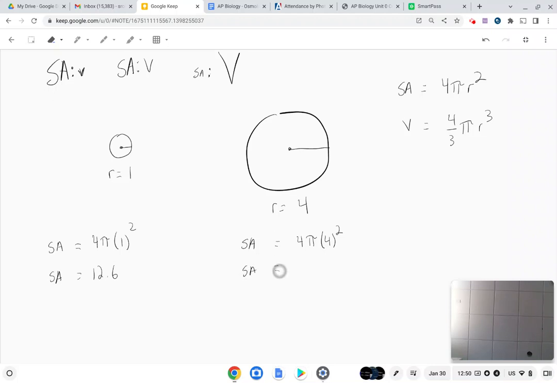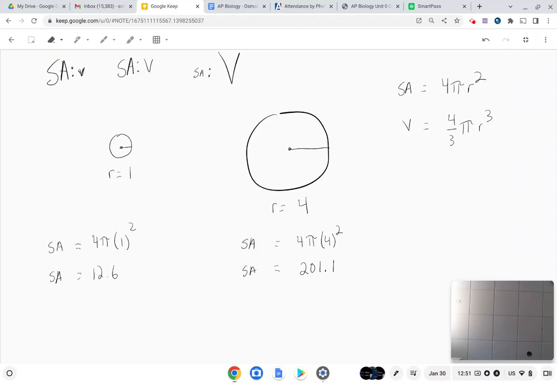And for this one, by the way, order of operations, do the squared first, obviously. So 16 times pi times 4. 201.1 units. Okay, so immediately I noticed, wow, way bigger surface area for the bigger cell.